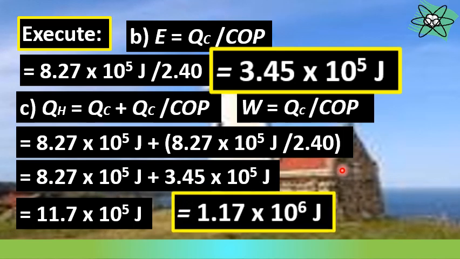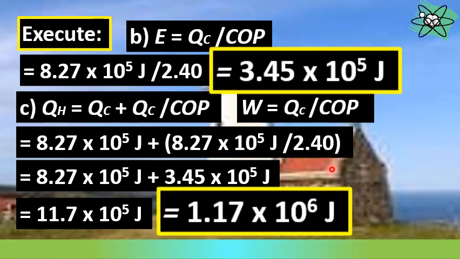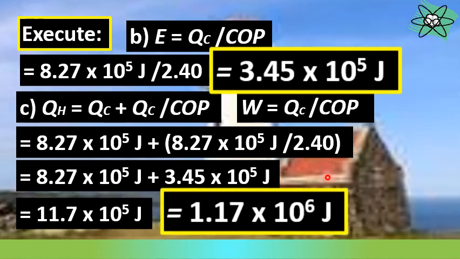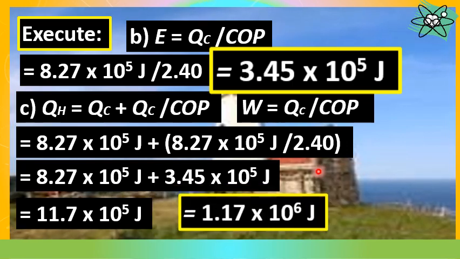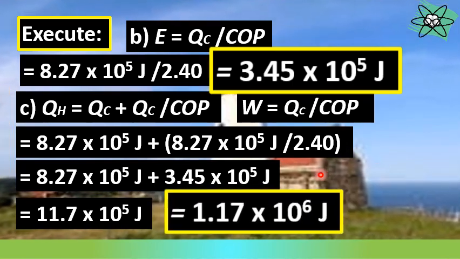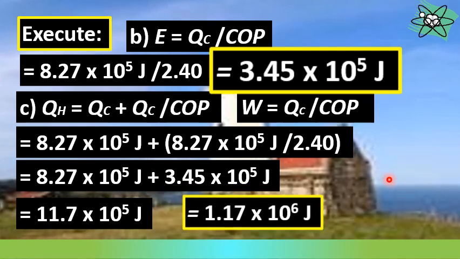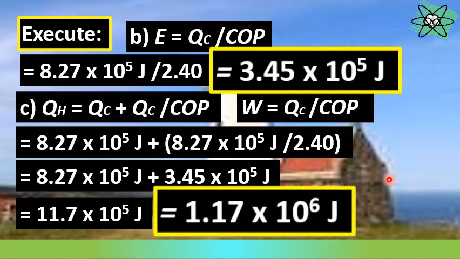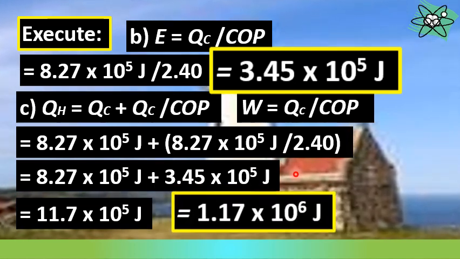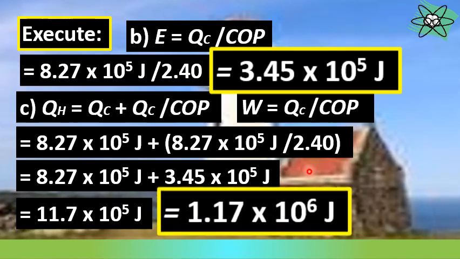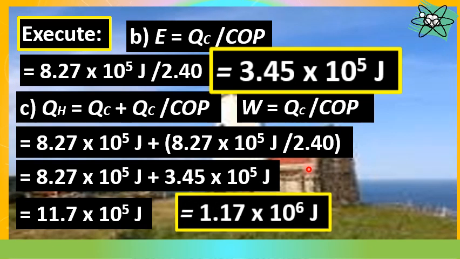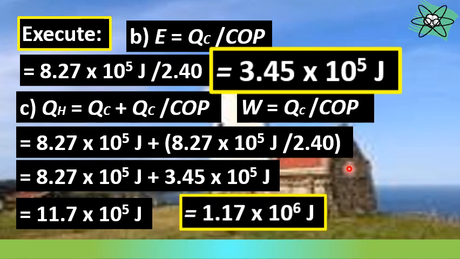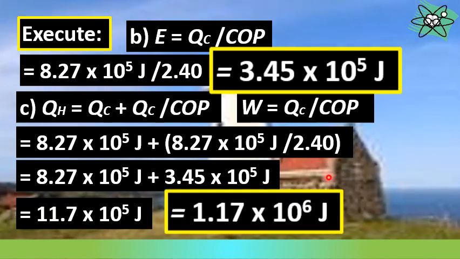Because if you compute the efficiency, it's going to be greater than 1, based on the conceptual meaning of efficiency: if you divide the amount of heat extracted from the cold reservoir, capital Q sub C, by the amount of work done by the freezer, we'll come up with a number much greater than 1.